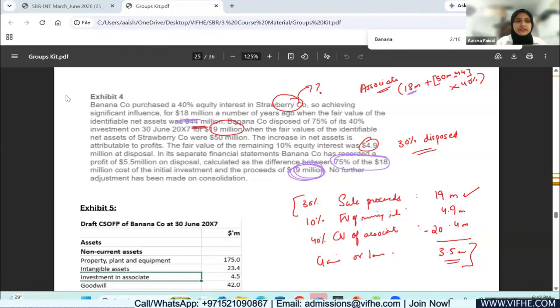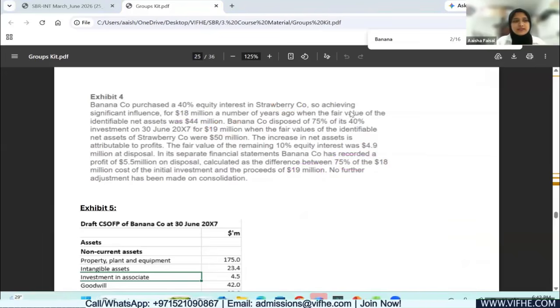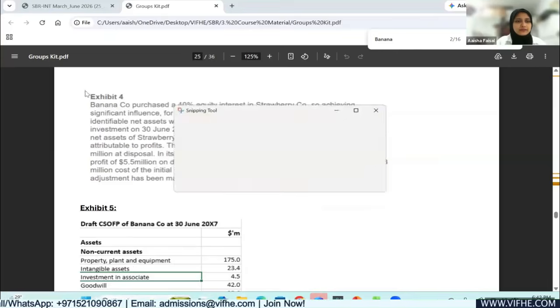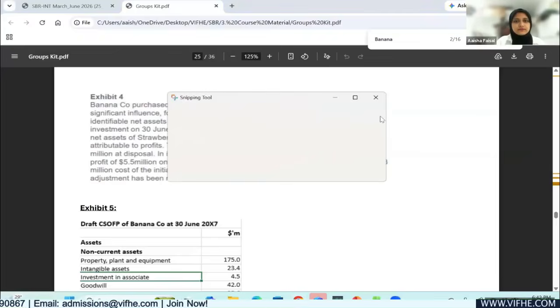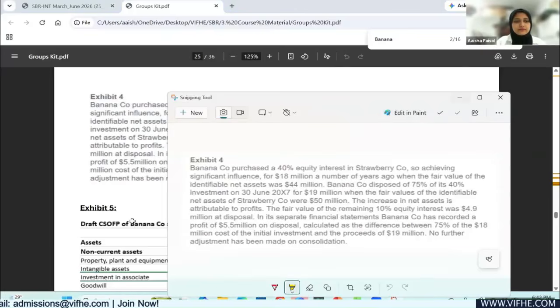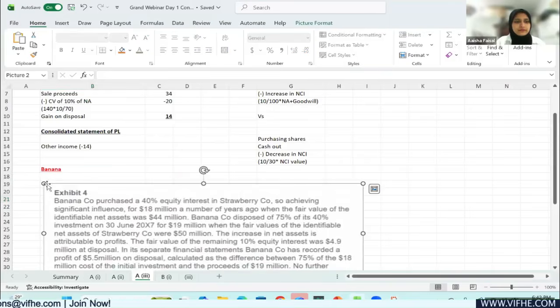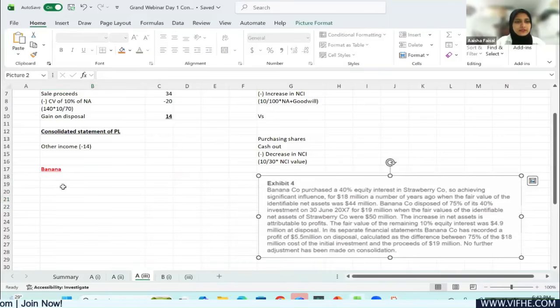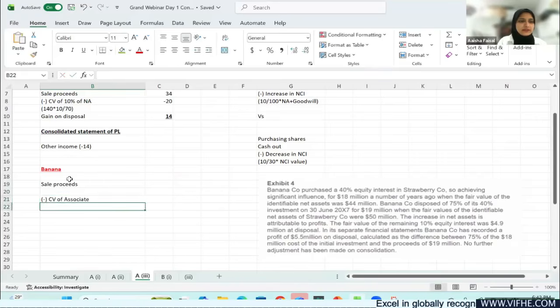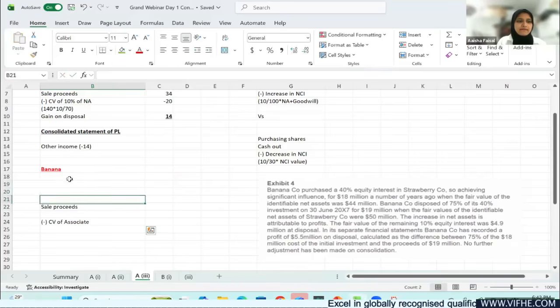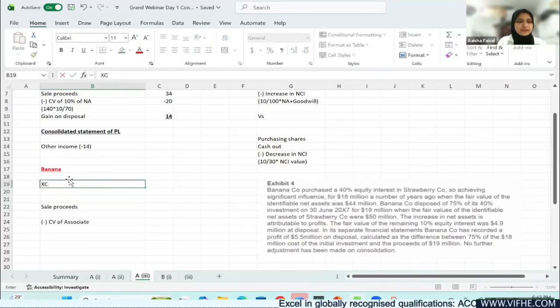So I'll do this quickly again on your Excel. A repeat will anyway naturally happen for anyone who did not understand. Okay, I have sale proceeds. I'll compare it with the carrying value of associate. So how do I find the carrying value of associate?